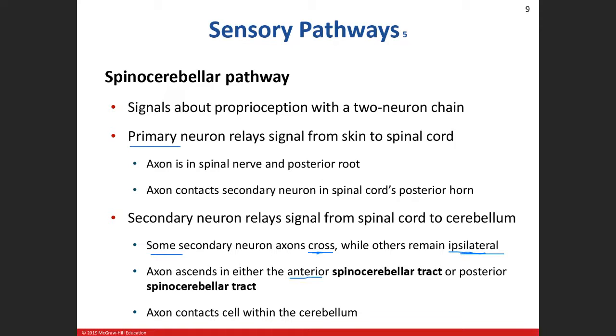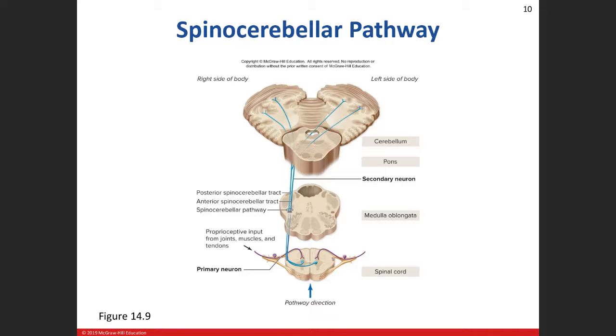You have the anterior spinocerebellar tract, and then the posterior spinocerebellar tract. That's what we see here in our picture, the anterior and the posterior, depending on which region it travels up through.